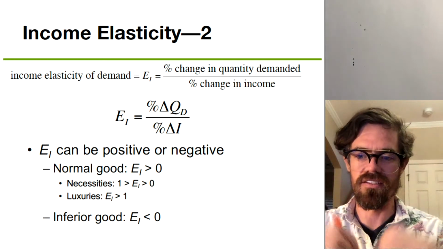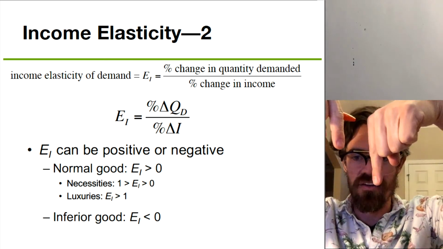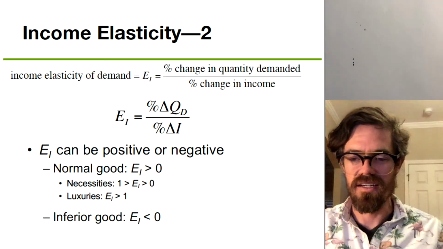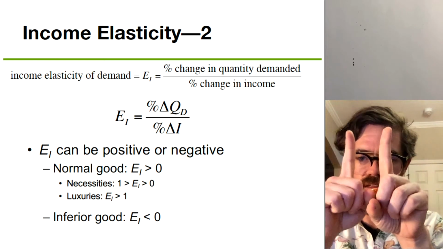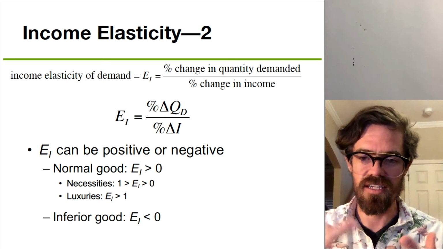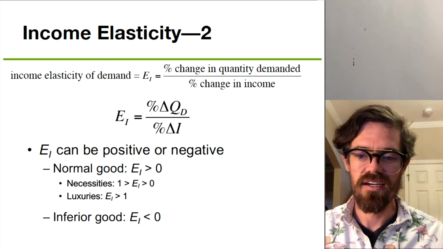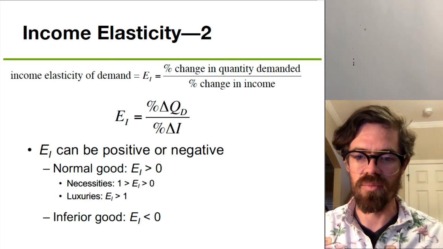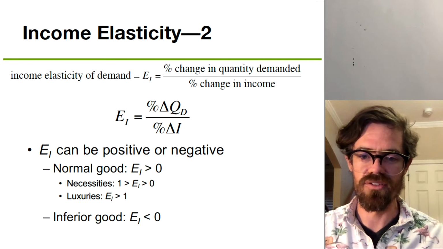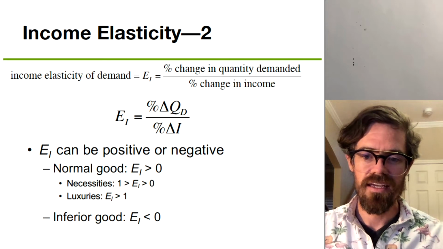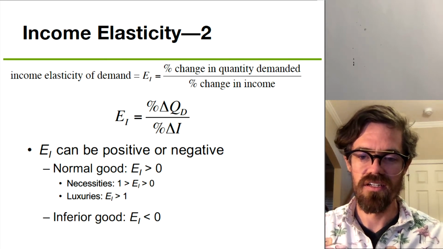If your income goes down, you buy less, and if your income goes up, you buy more. That's a normal good. Since they have the same sign, when we divide two positive numbers by each other, we get a positive. If we divide a negative number by a negative number, it's still positive. Negative divided by a negative is positive. And so normal goods will have a positive income elasticity.